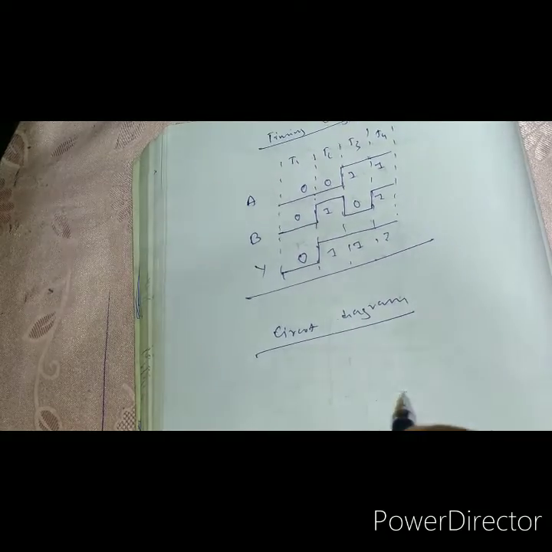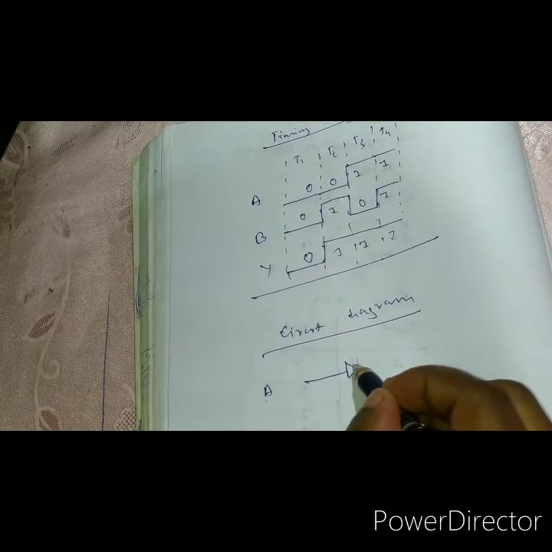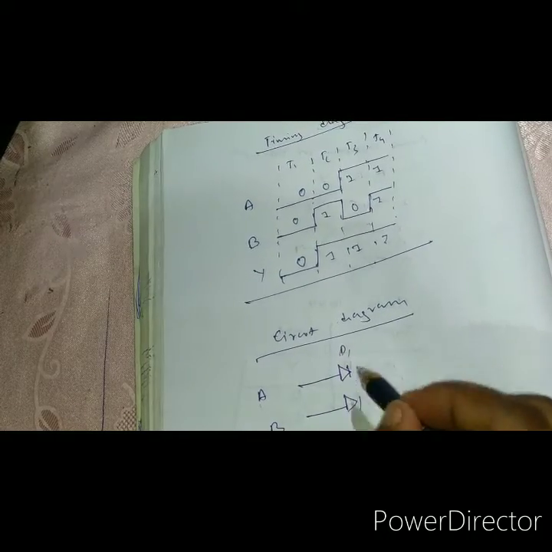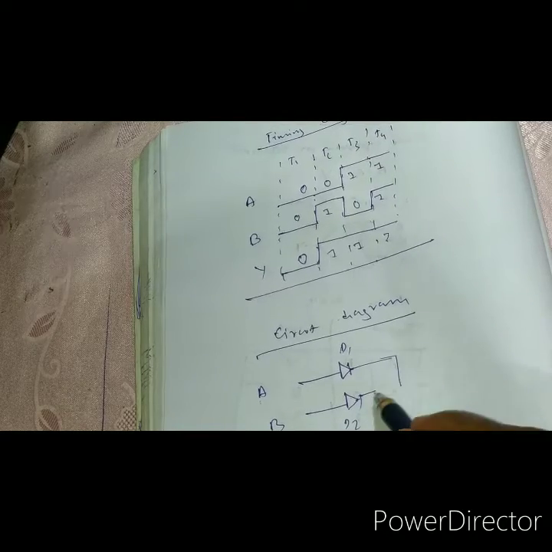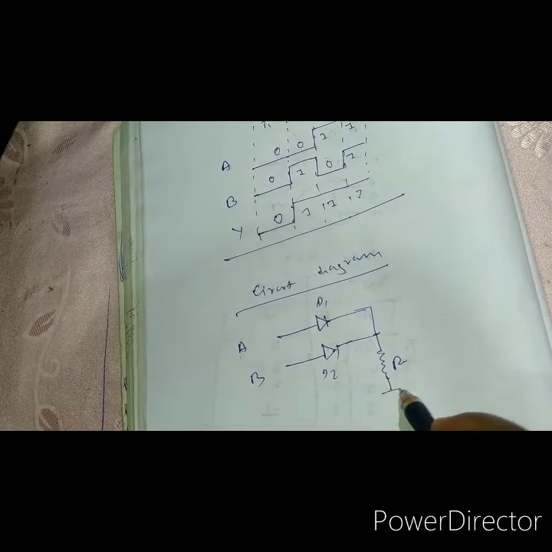So let us see the circuit diagram for the OR gate. It is also connected to two diodes, like this. B is also connected with a diode. This is D1 diode, this is D2 diode. It is connected with a resistor R which is grounded.